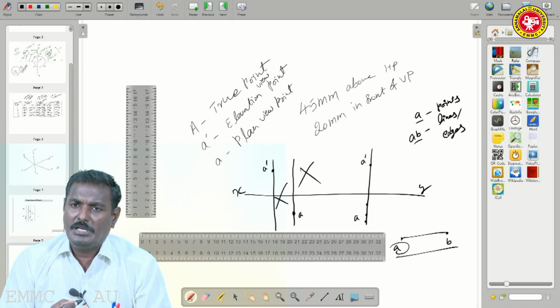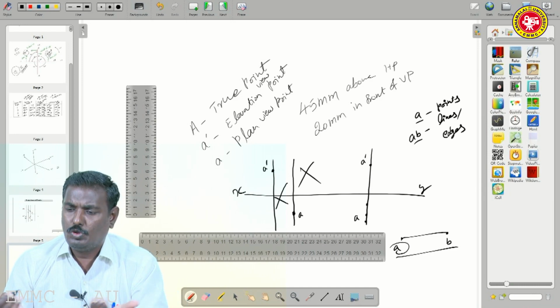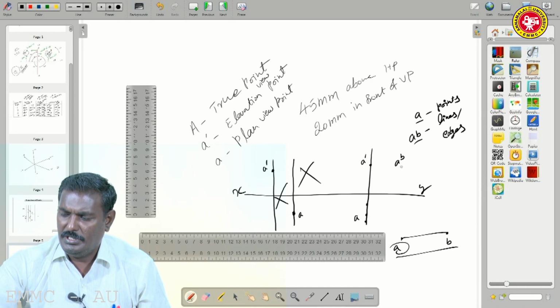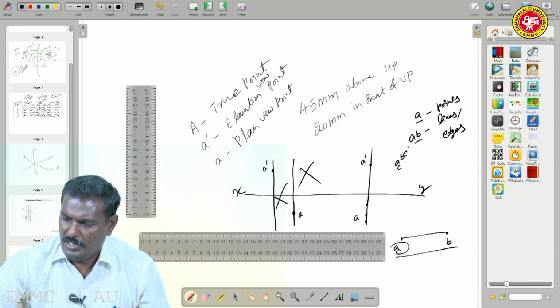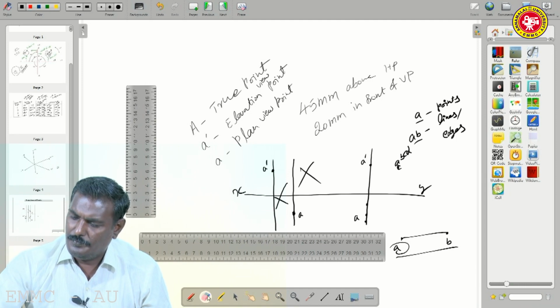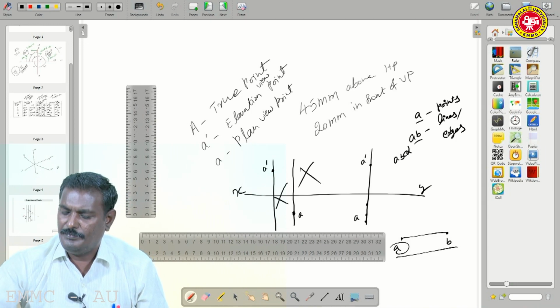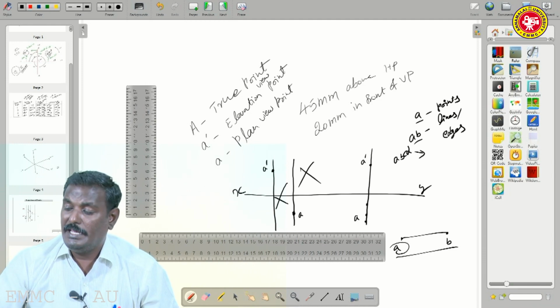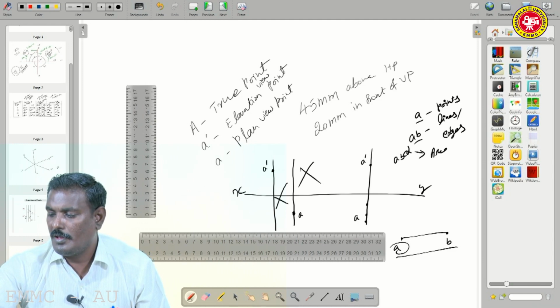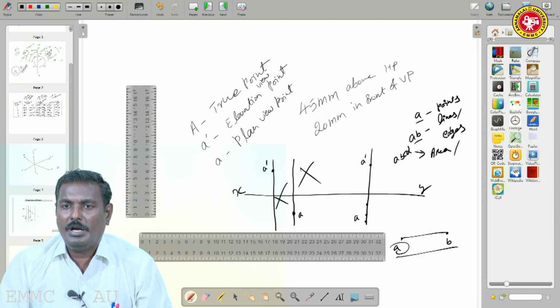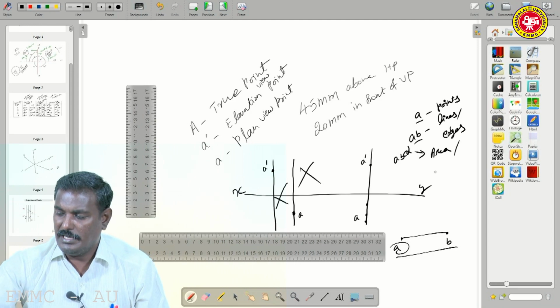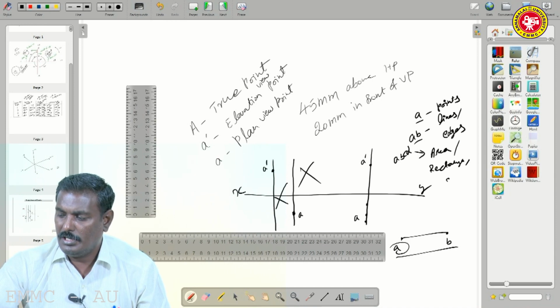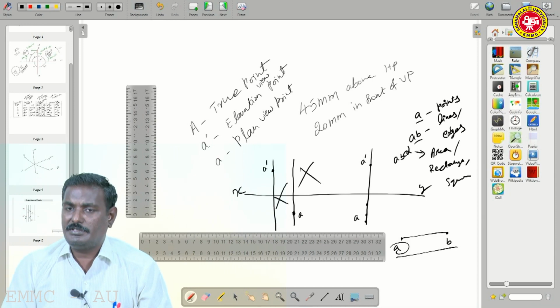Suppose letters are grouped A, B, C and D. This actually gives an area, a rectangle or square, like this.